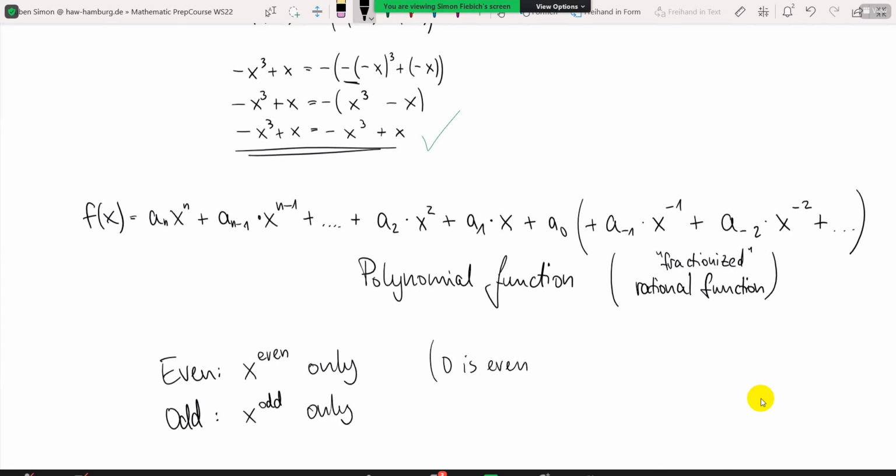And if there's x to the power of 0, like in case of the term without any x, this could be treated as x to the power of 0. So this is actually x to the power of 0, which is 1, and a0 times 1 is just a0. And this is also possible for an even function.